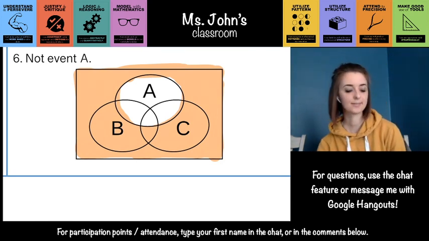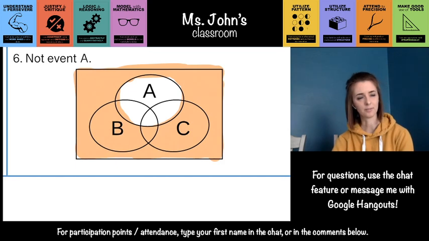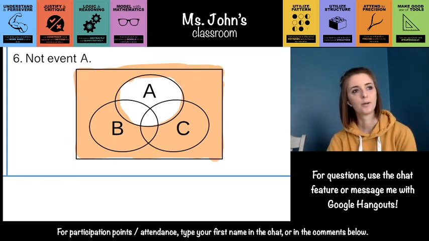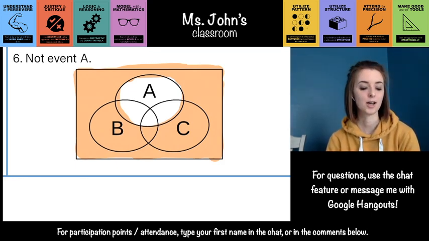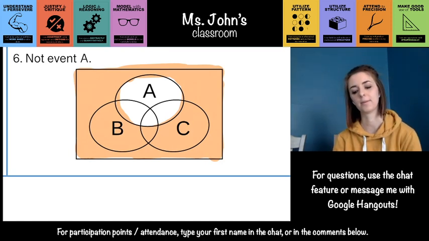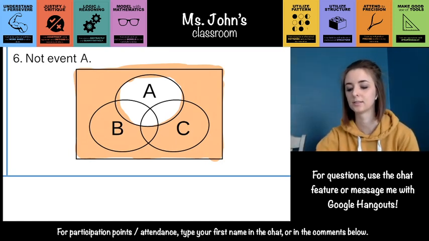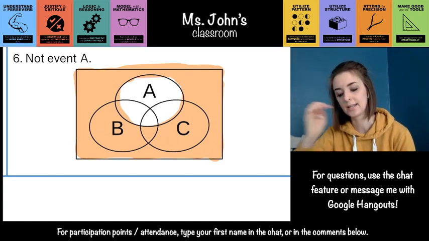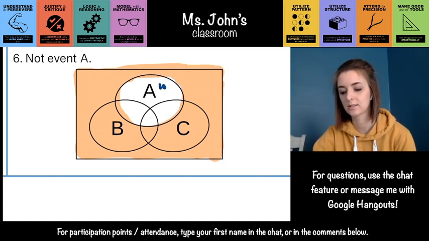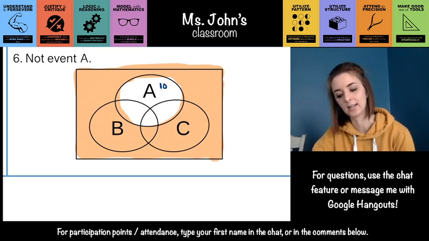So you'll see Venn diagrams, I think, on your homework today or maybe next time, where they're not just events. They've also got numbers in there. So they might say, let me just write in here, that 10 people or 10 times only event A happened.